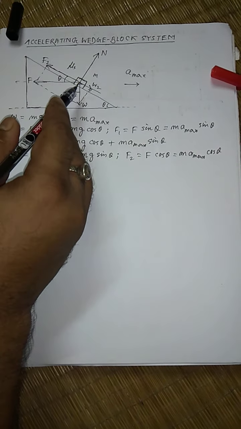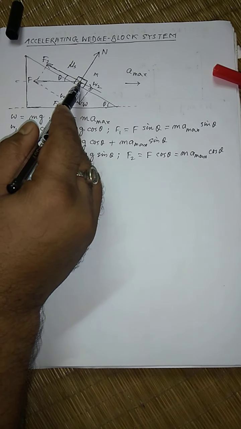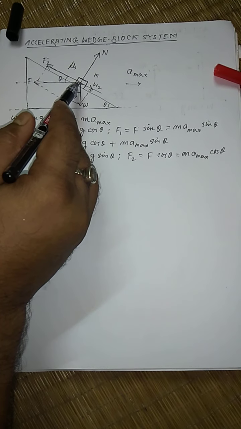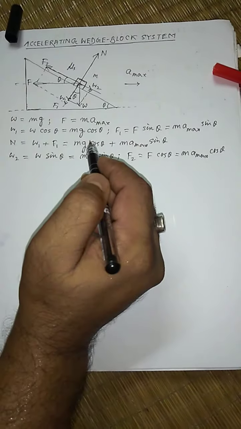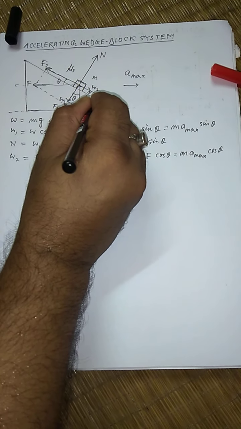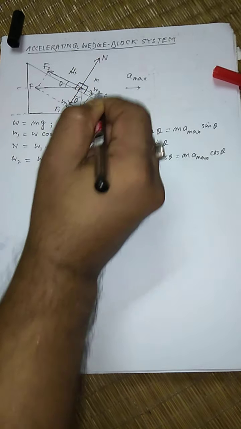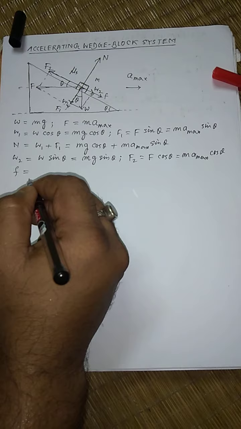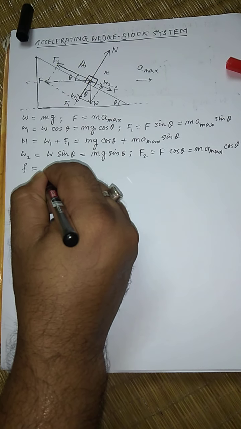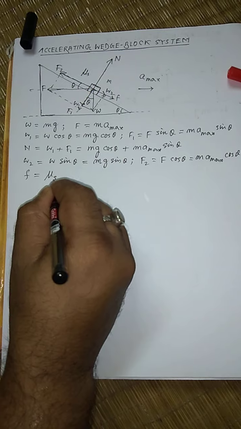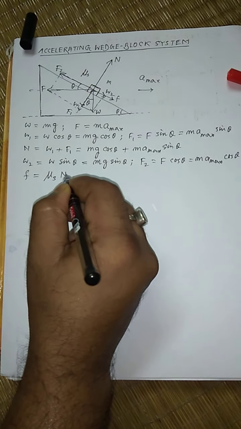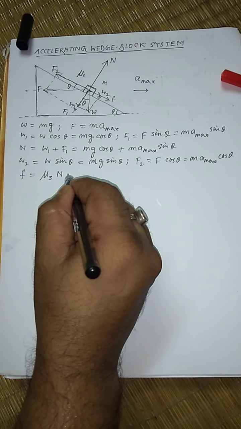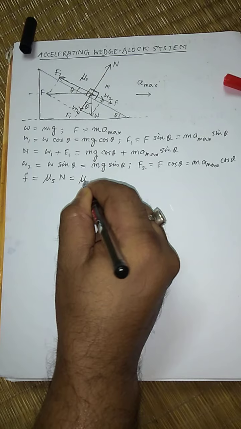The force of static friction acts on the block down the inclined surface as the block is on the verge of sliding up the inclined surface. Thus, the force of static friction f is equal to the coefficient of static friction multiplied by the normal force exerted on the block by the inclined surface, which is equal to mu s.